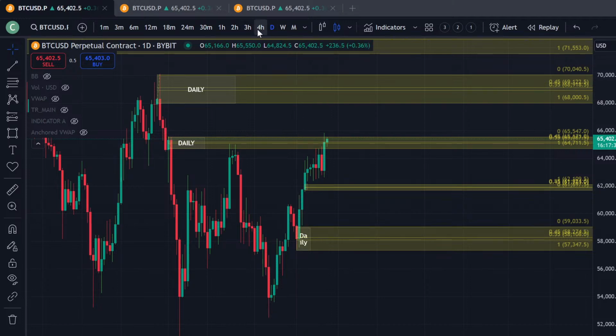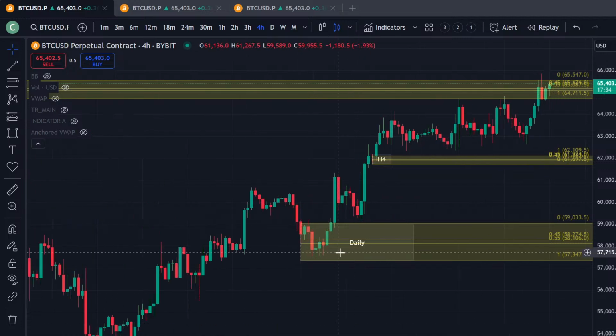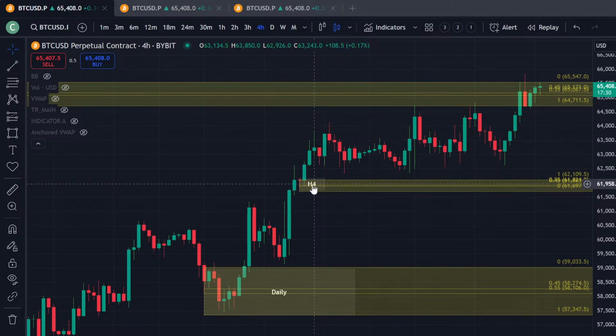So we're going to look to the 4 hour and see if we find some demand and supply in the 4 hour. This was a daily, this was an H4. Basically, if it's a single print before we go down, also after a single print or fair value gap, and if we have a consolidation, that also forms supply, or demand at the bottom.